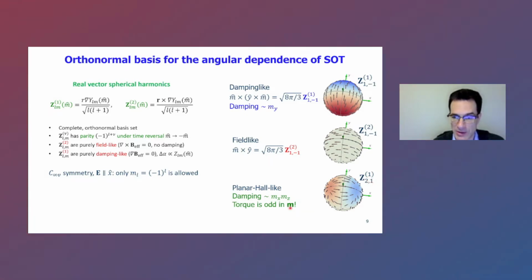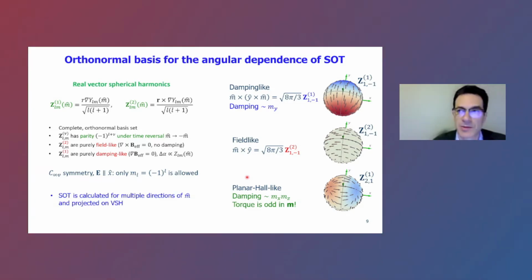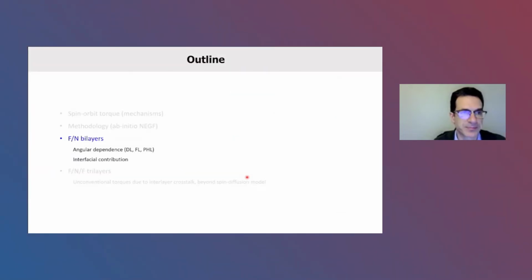So it's actually odd in M, but it is damping, and it contributes to damping as this m_x m_z product. So in practice, we calculate spin-orbit torque at multiple points on the sphere for multiple orientations of M, and then the data can be projected onto the set of these harmonics because they're orthonormal. That unambiguously determines each term individually.